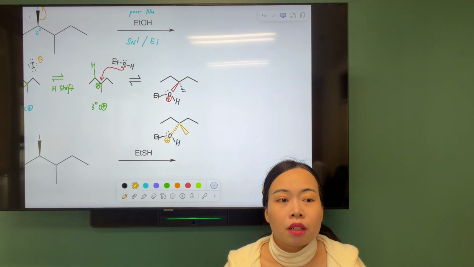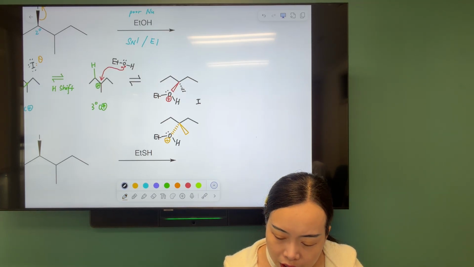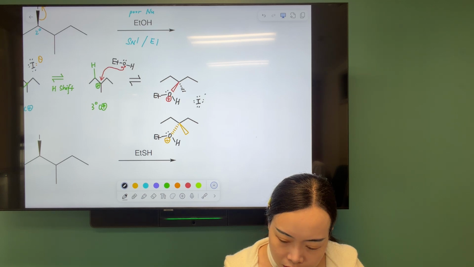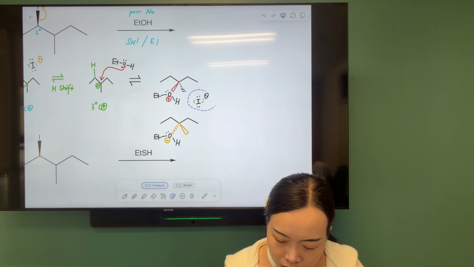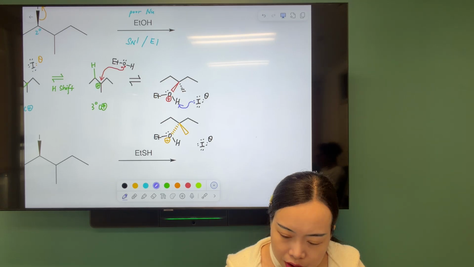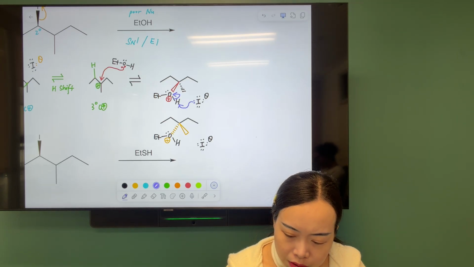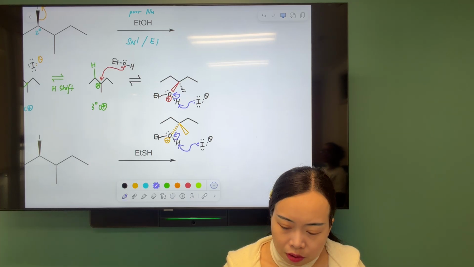With me? Okay, the last step will be my iodide, which I think I will just copy paste. Now take my hydrogen off. This step is called a deprotonation. All right.